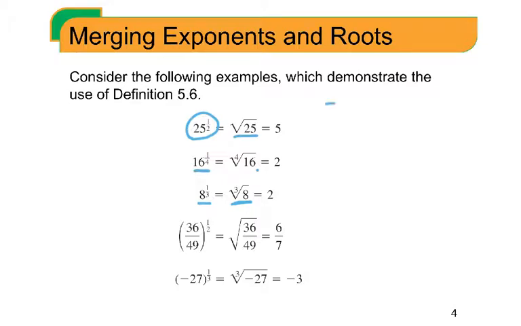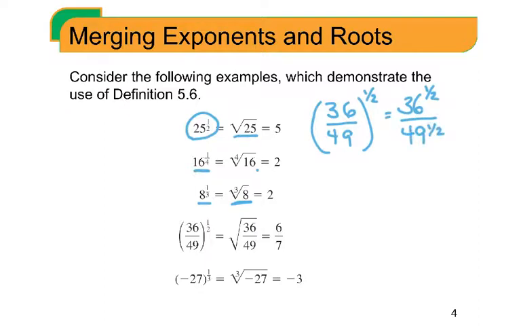Now this one, 36 over 49 to the 1/2 power. Well, we know we can do this. This is how exponents work with the quotient. And usually it's easier for us in our minds to write this with the radical sign because I don't think about the 36 to the 1/2 power very often, but I think about the square root of 36, and that, of course, is 6, and the square root of 49 is 7.